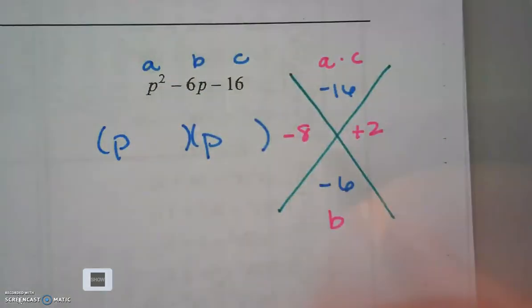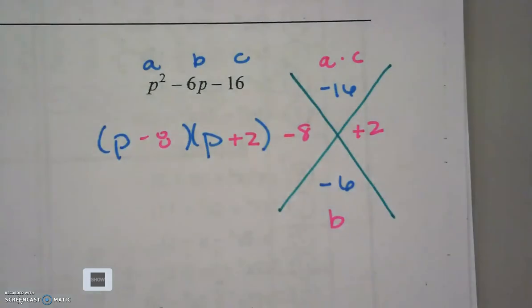So I'll write this down, P, and negative 8, positive 2. This X method will prove to be more useful when A doesn't equal 1 anymore. But I at least want you to be familiar with the structure.